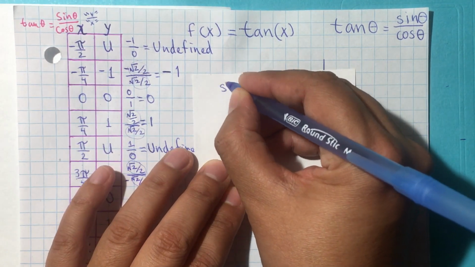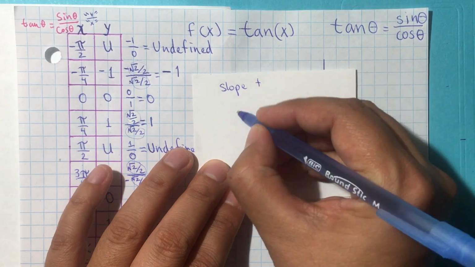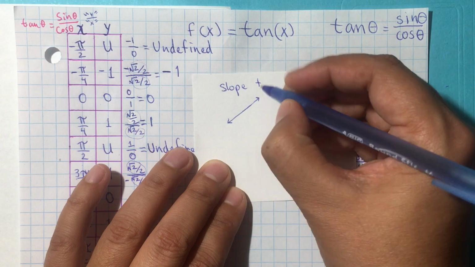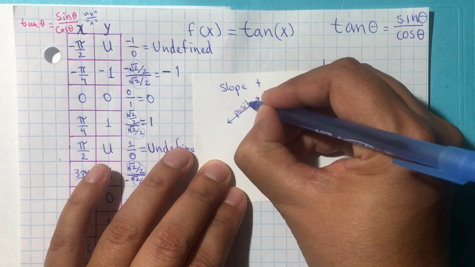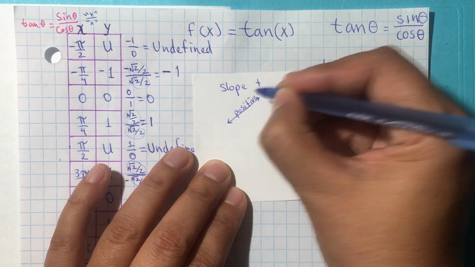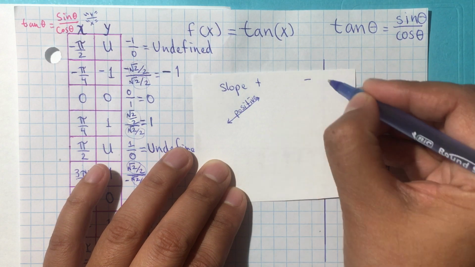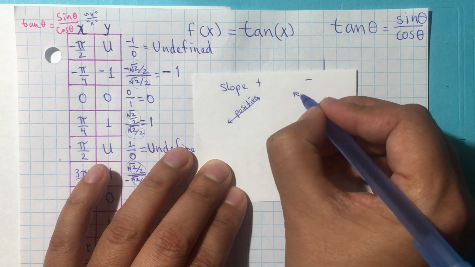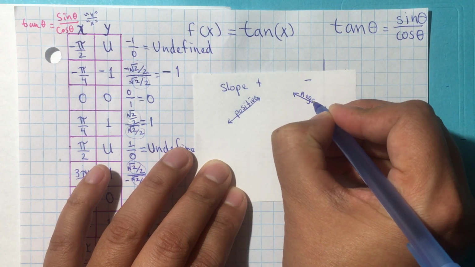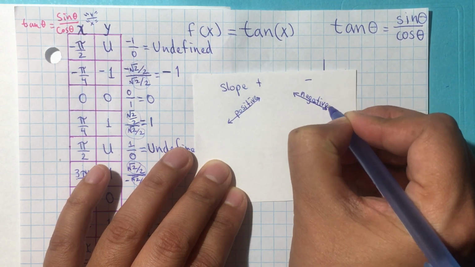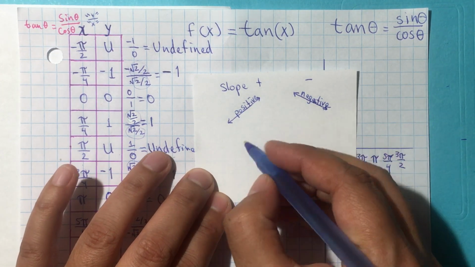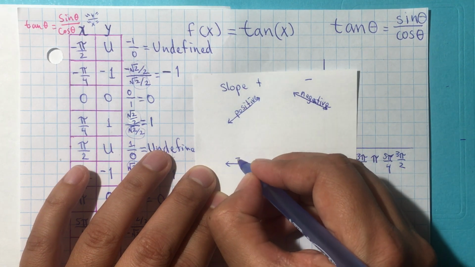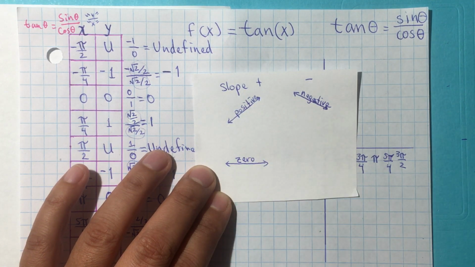When we had a slope that was positive, our line would go that way. That's a positive line. When the slope was negative, our line would go like this, a negative slope. Then we had one that was graphed this way, the 0 line or 0 slope.